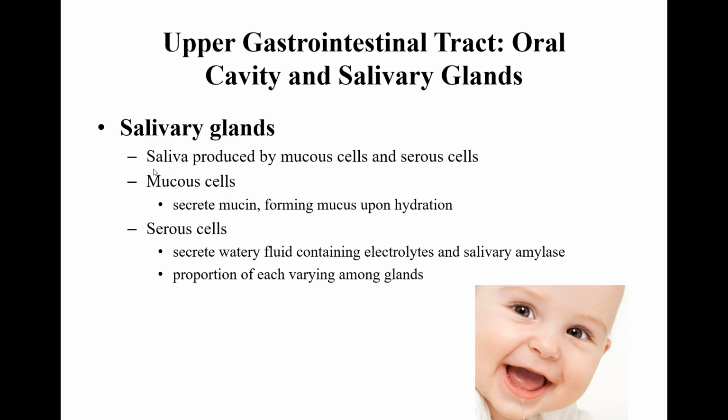So let's talk about the saliva. Saliva is produced continuously by mucus cells within the salivary glands. The cells produce saliva, and saliva consists mainly of water, but it does have enzymes and antibodies, as well as some other materials.